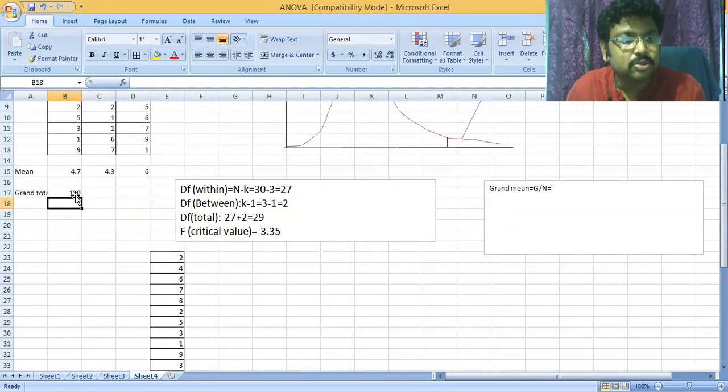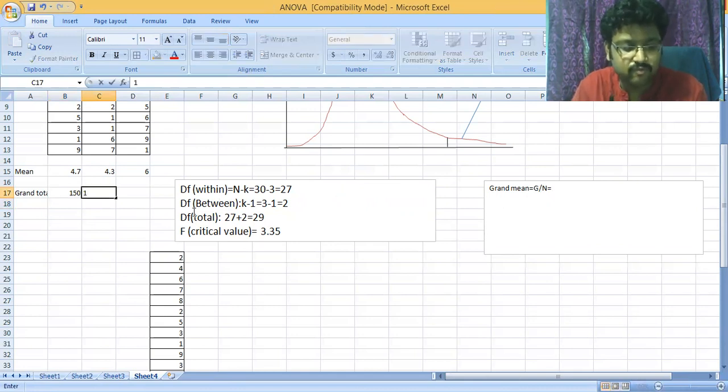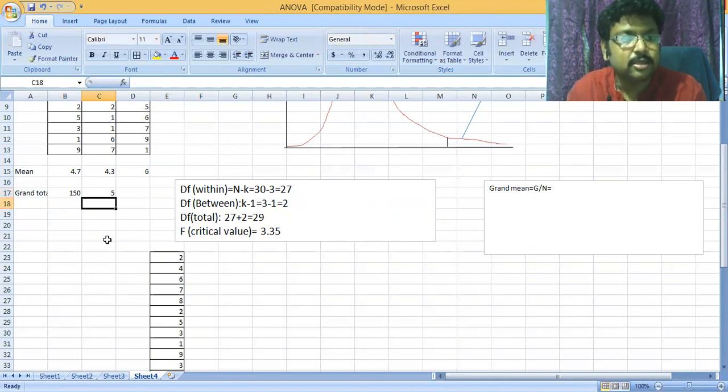So how many observations are there? 30. So the grand mean is the grand total divided by n, so 150 divided by 30, which equals 5.